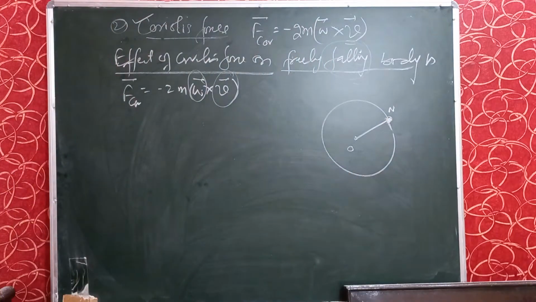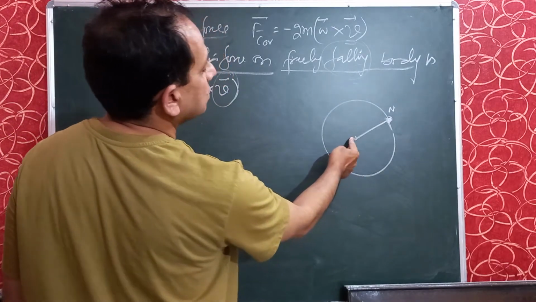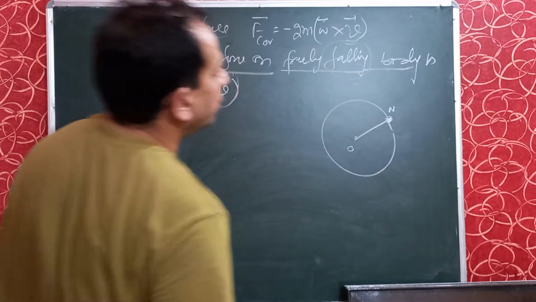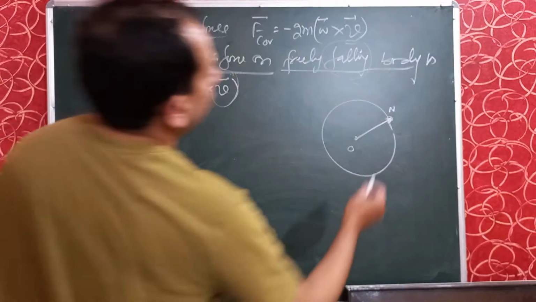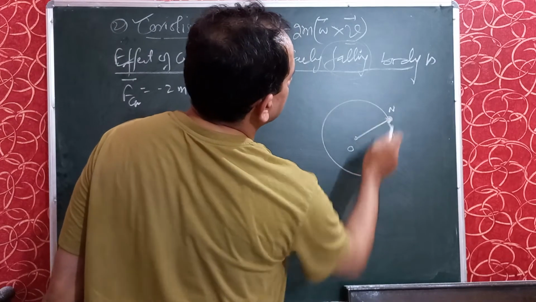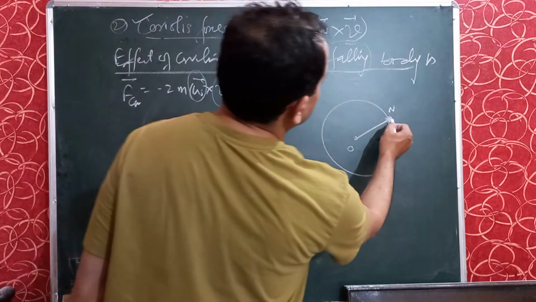In the previous case, that is in centrifugal force, we considered the center of the earth as origin of the coordinate system. But in this case, we will consider the origin at the point lying on the surface of earth. So we will consider n as origin.